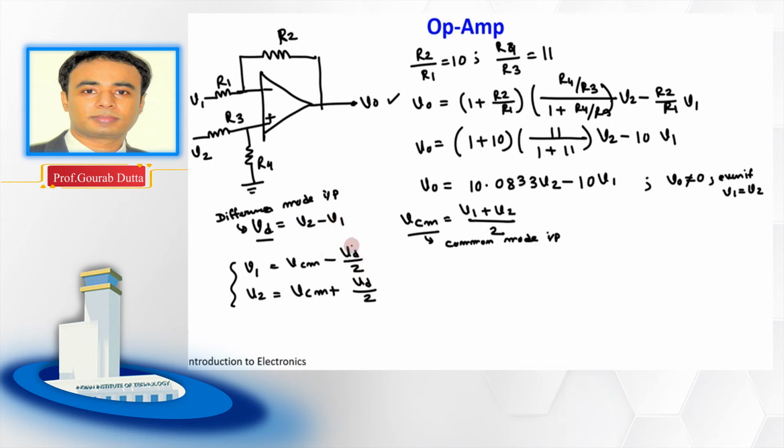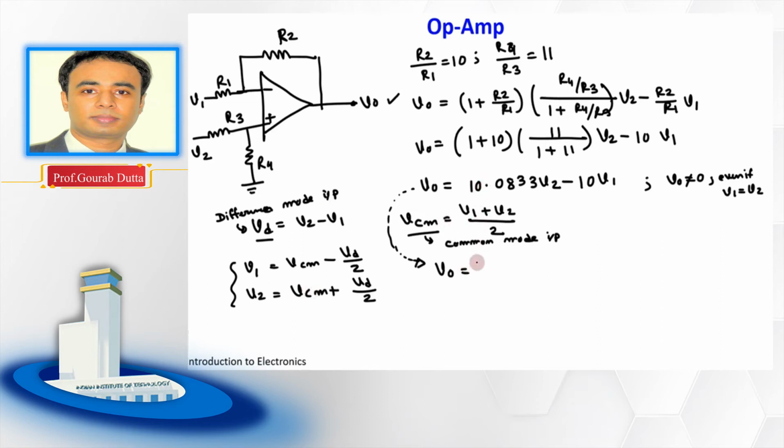Right. So if you agree that we can write it like this, then in the equation where we have seen V output in terms of V2 and V1, we can replace V2 and V1 with these, so that we have a relation between the output and the difference mode input and the common mode input voltage.